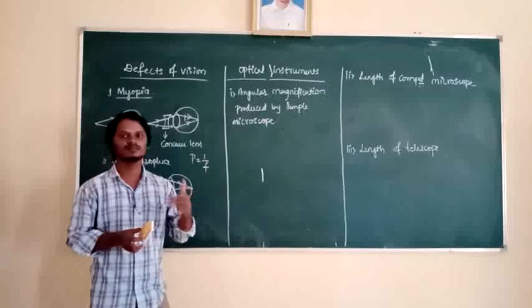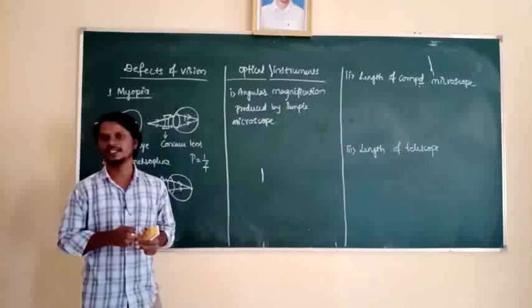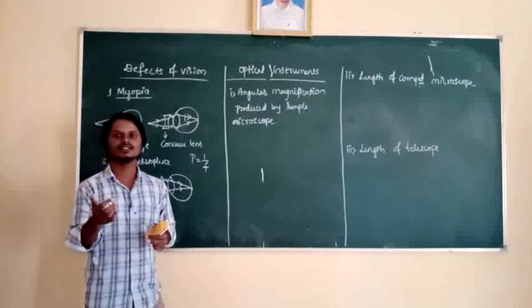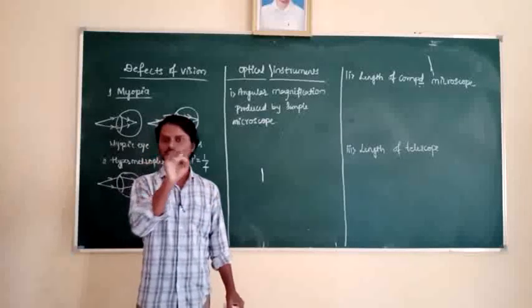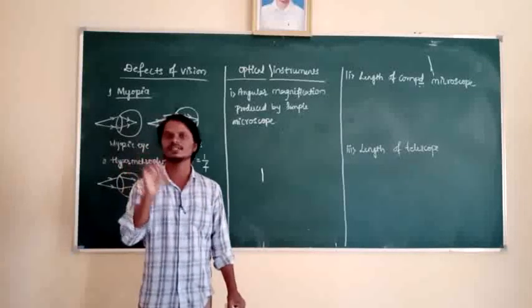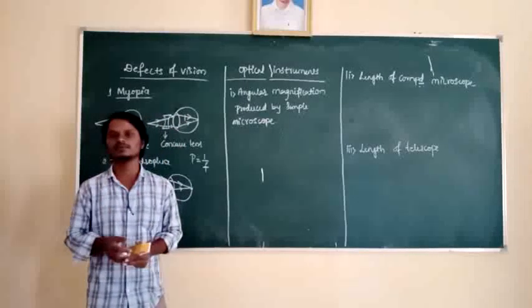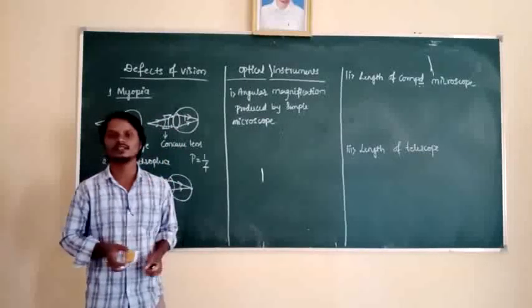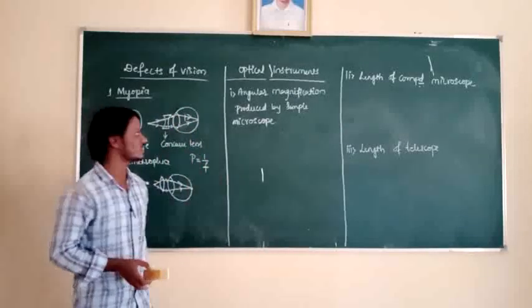Astigmatism occurs in the person because of the irregular shape of the cornea, so he couldn't see the vertical lines and horizontal lines with the same clarity. So to overcome this one, we use a cylindrical lens. You have to know all those things for the defects of vision.